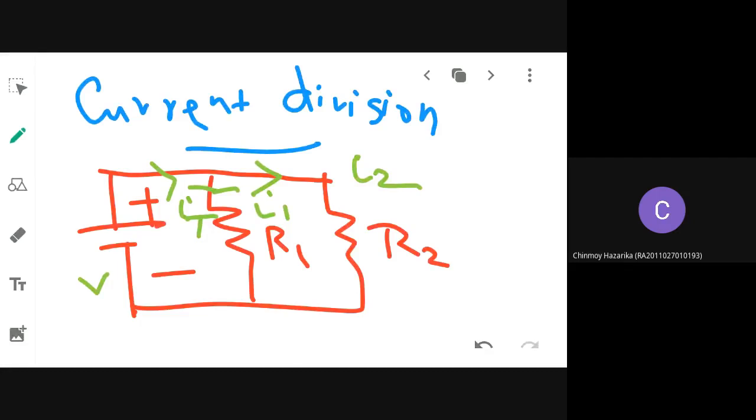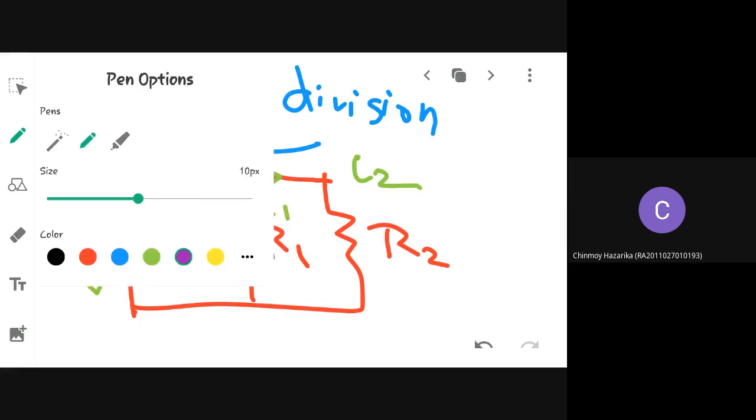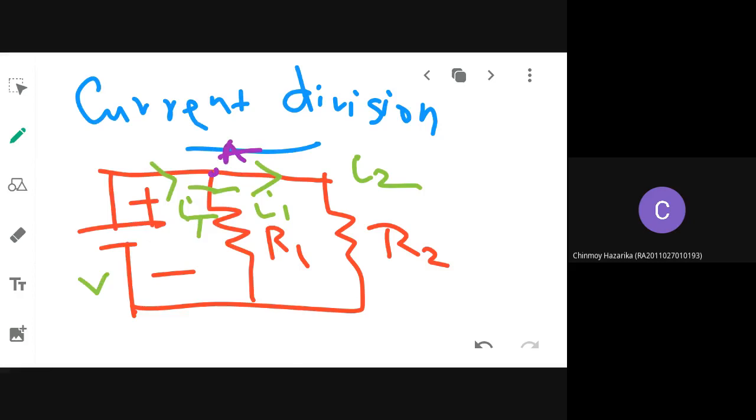Now I need to apply KCL. Let me consider this to be node A. At node A, I want to write the KCL equation. You know KCL says the sum of incoming currents is equal to the sum of outgoing currents.